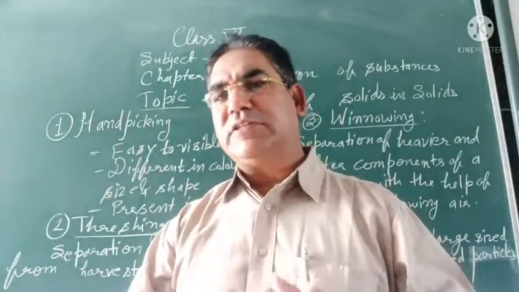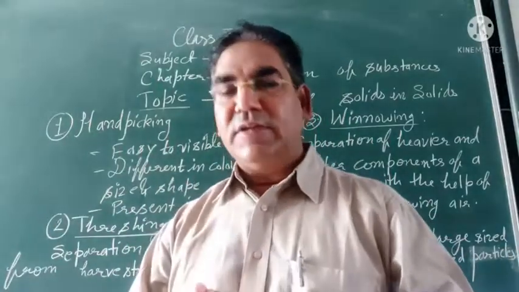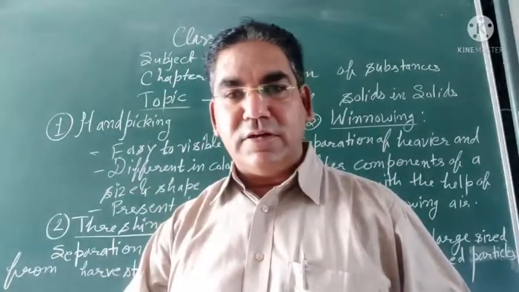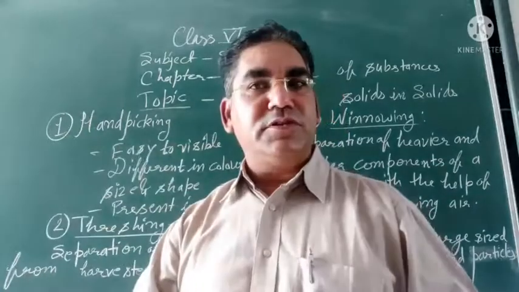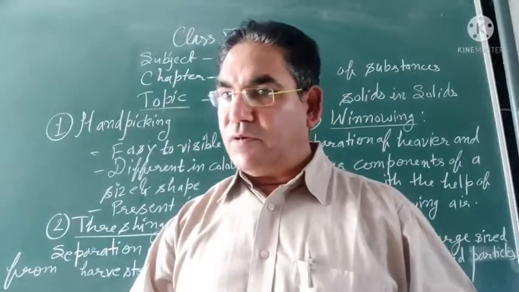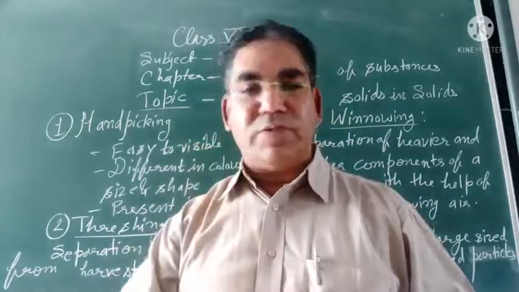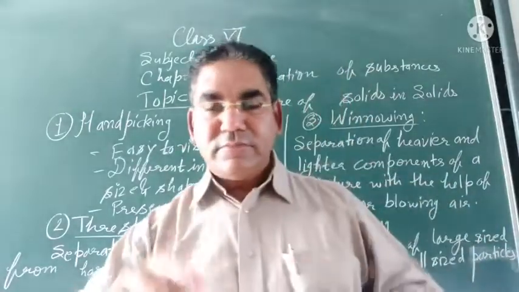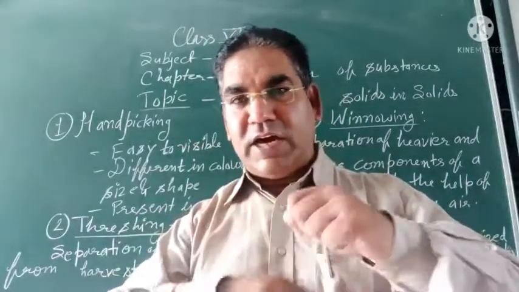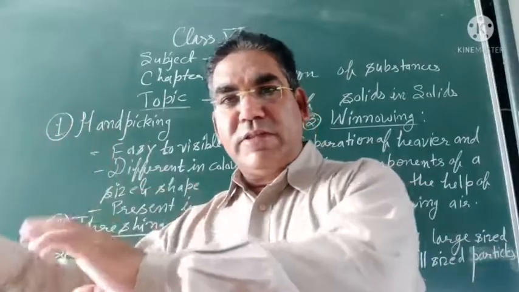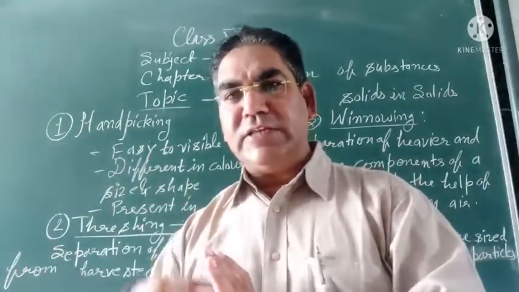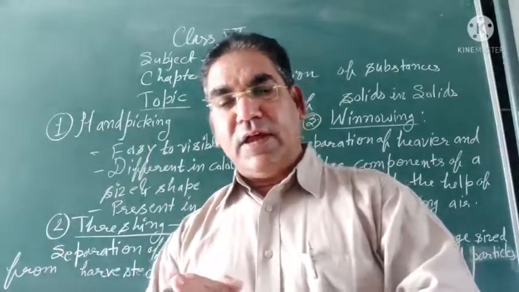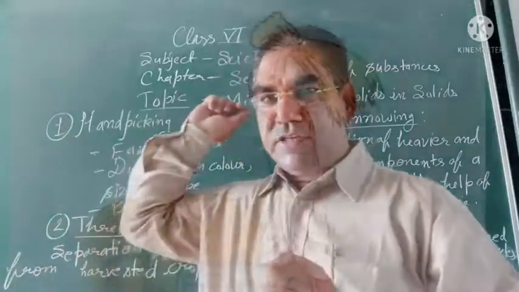Nowadays this process has become very easy due to the tractor and thresher, but earlier it was a too painful, too tough process. They make the bundle of the harvested crop and put them in the sun to dry up. After 10 days, 20 days, after drying up, they start to beat.